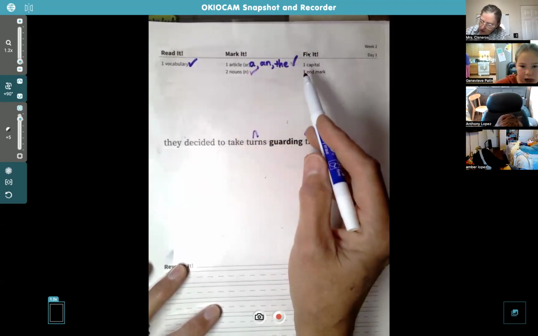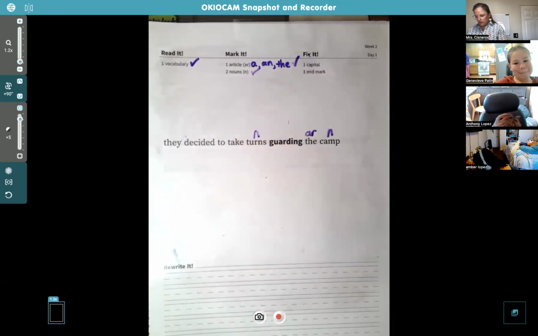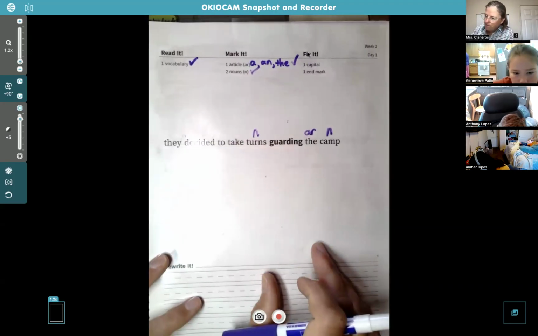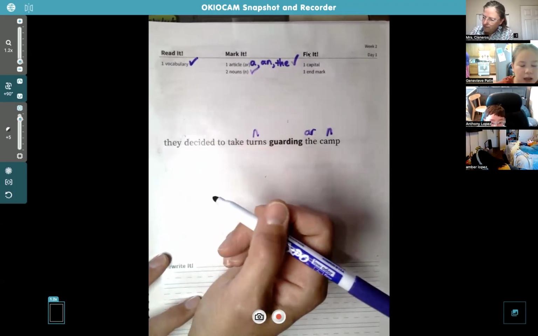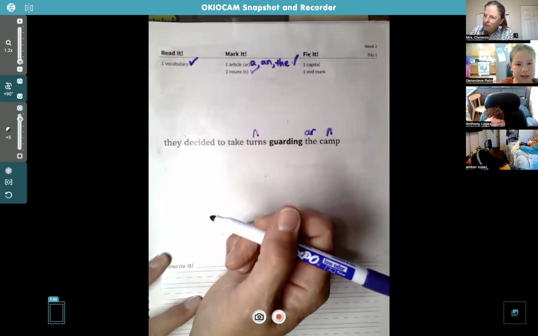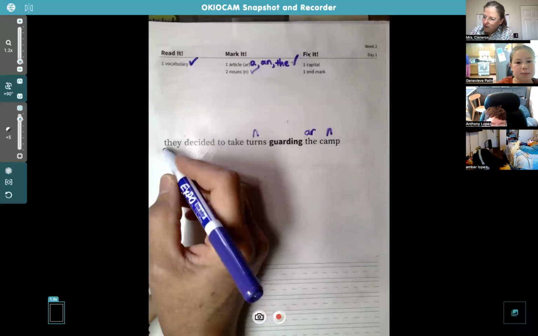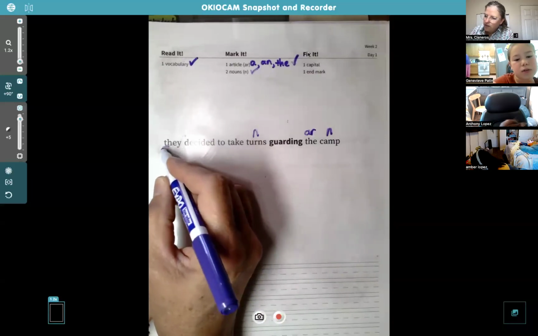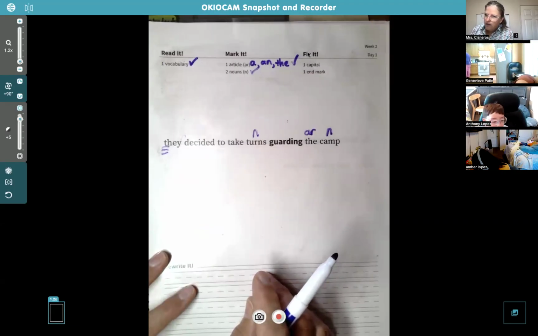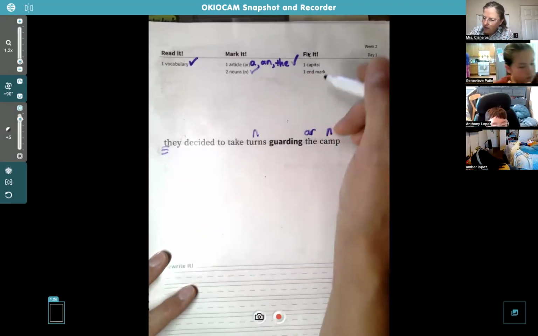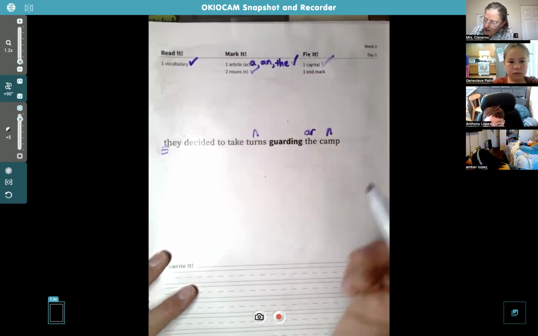And then how about Genevieve? Which word should we capitalize in this sentence? We have to capitalize the beginning of the sentence, which would be they. We have to put a capital T. Good. So we're just going to do 3 little lines like that under the T. And then Anthony, what kind of an end mark are we going to put at the end?